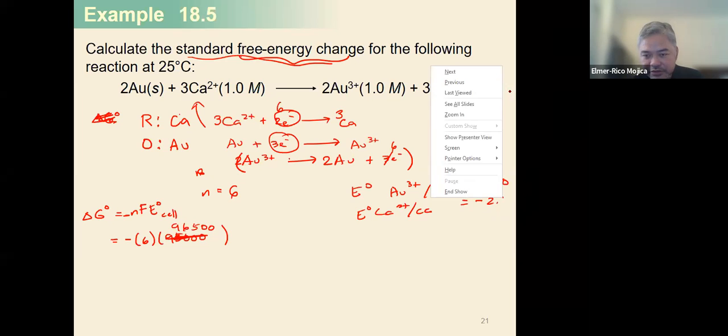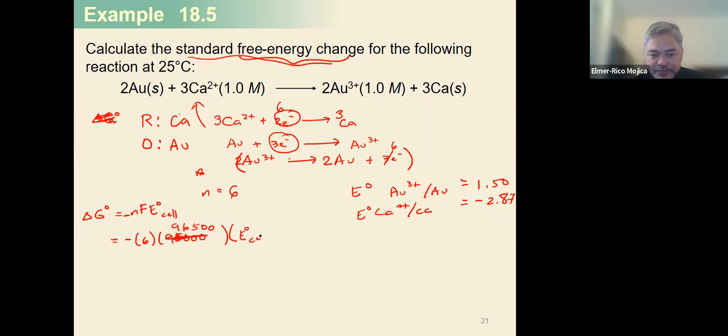So how are we going to solve the cell potential here? Yep, the F is a Faraday constant. So the cell potential is equal to E cathode minus E anode. So if you look at this, that's negative 2.87 minus 1.50. And what is the E cell?